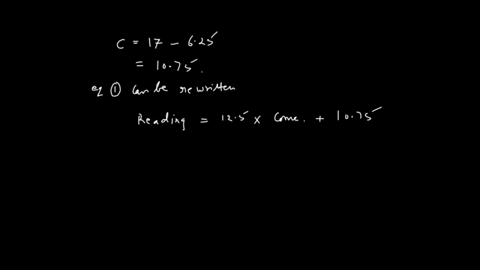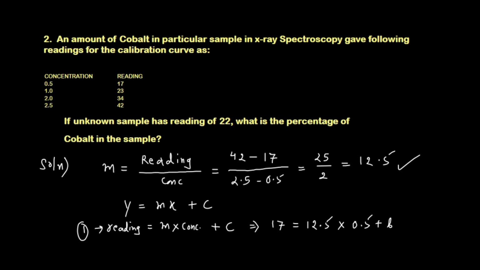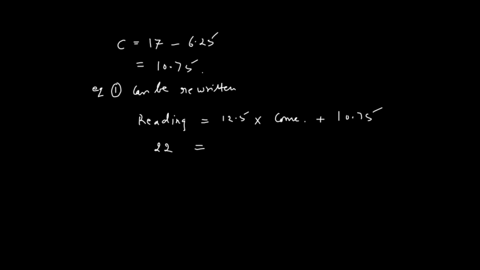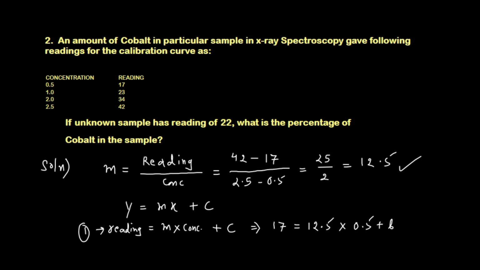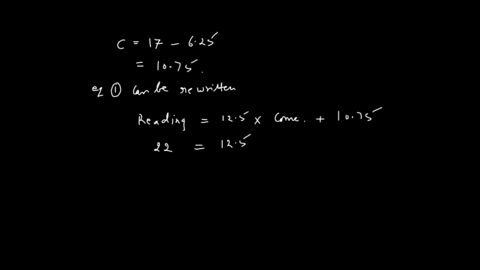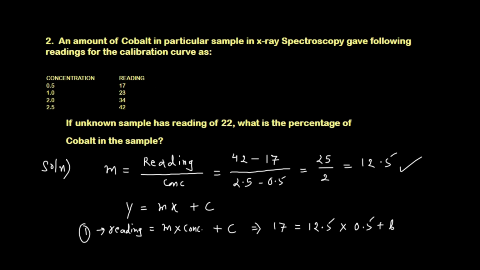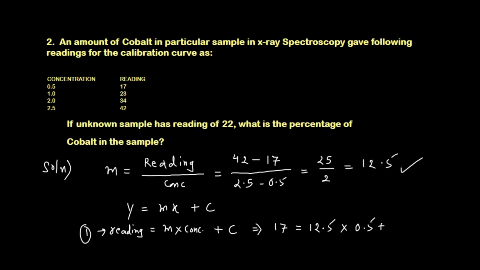For this, now you need to calculate for the reading at 22, which is in the question. 12.5 you have already calculated, which is the slope. You will multiply this with the concentration, because you need to calculate this one, plus 10.75 you have calculated. I made a mistake here, this is basically your C.